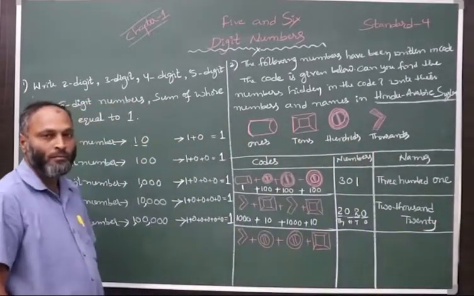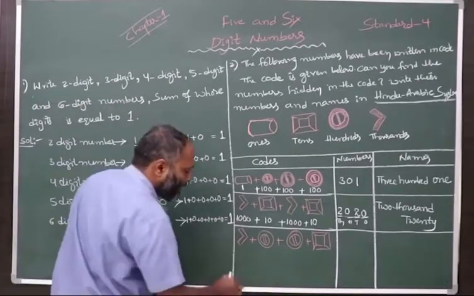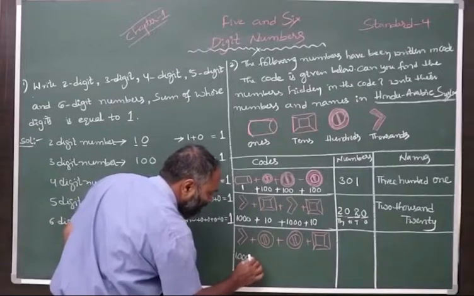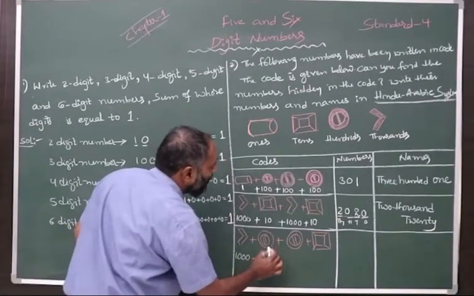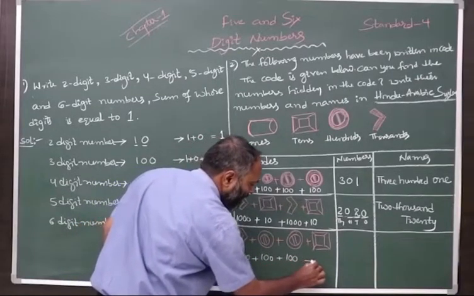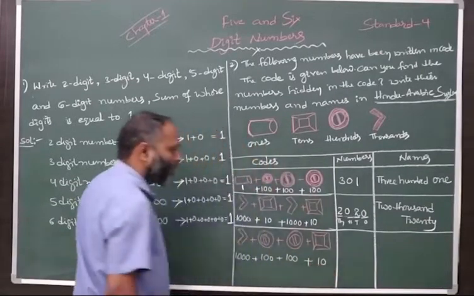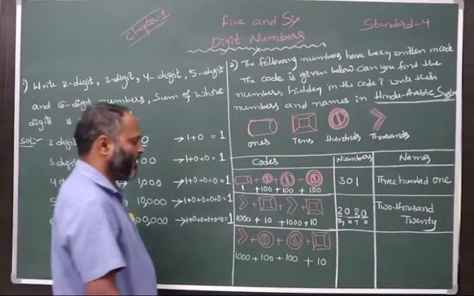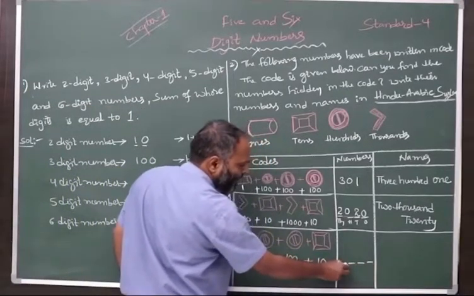Then in the third question an arrow is given. Arrow means 1000, then circle means 100, and again a circle means 100, again square means tens. Here, ones, tens, 100 and 1000.